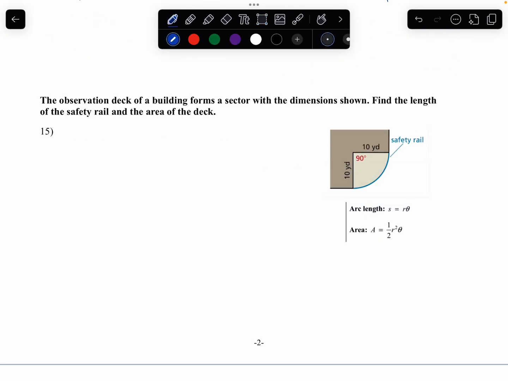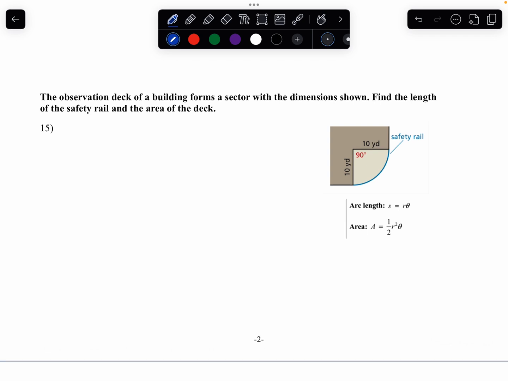All right, so I want to find the length of the safety rail. That's going to be equivalent to the arc length. So we're going to say that the rail, I'm writing S, is going to be equal to the radius times theta. So the radius is 10. Now theta, in this formula, the angle has to actually be given in radians and not in degrees.